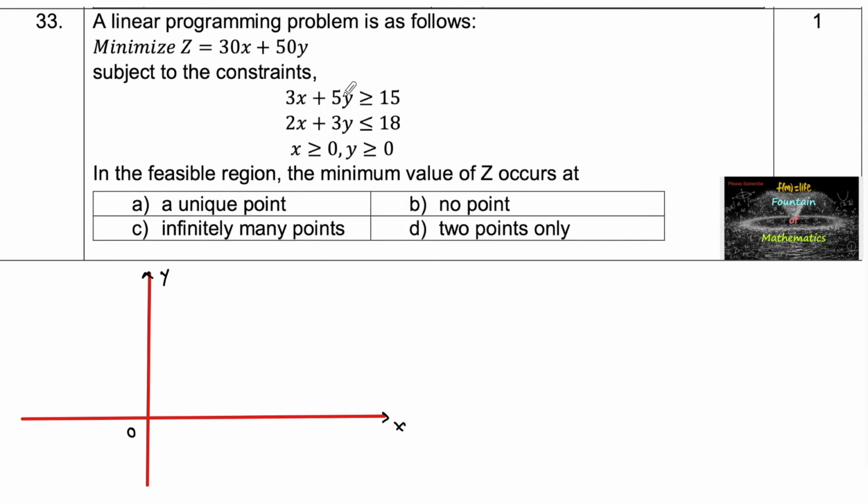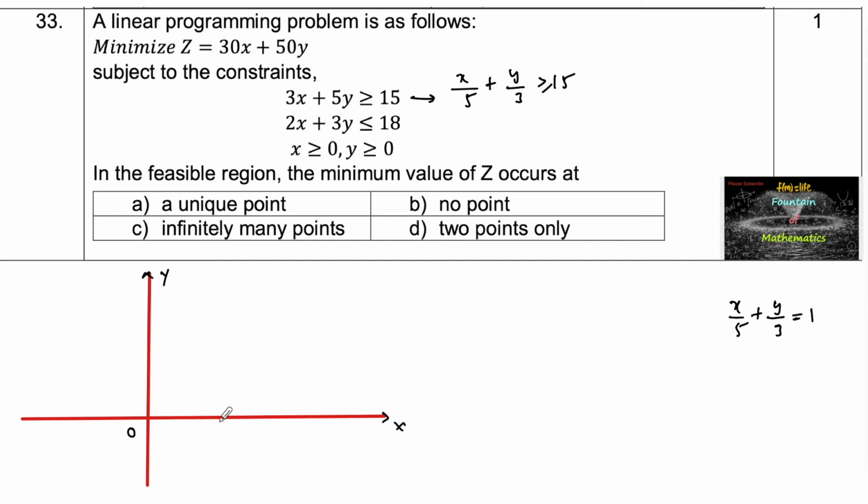Constraints are given. 3x plus 5y is greater than or equal to 15. So for the line equation we can write, dividing with 15, x upon 5 plus y upon 3 is greater than or equal to 1. The corresponding line is x upon 5 plus y upon 3 is equal to 1. So it's an intercept form.